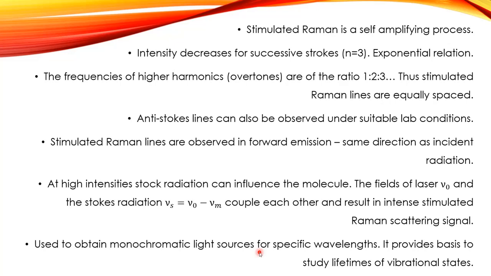The anti-Stokes lines can also be observed under suitable laboratory conditions, but this is very weak. The stimulated Raman lines are observed in forward emission, that is in the same direction as the incident radiation.